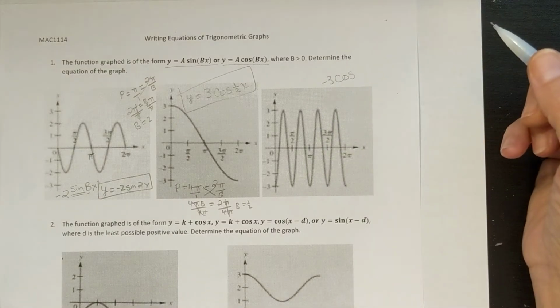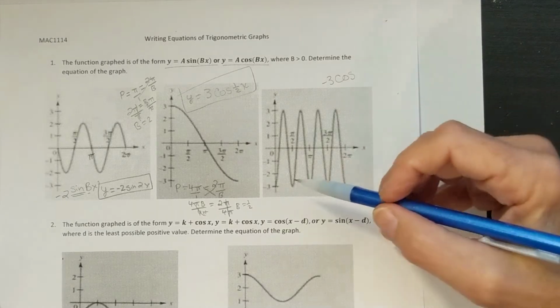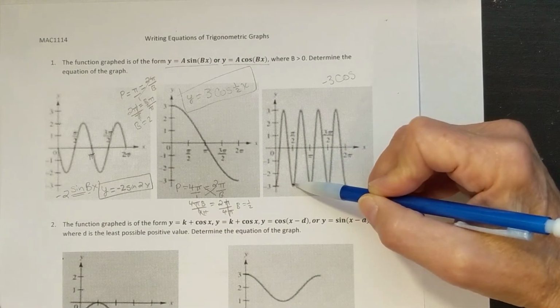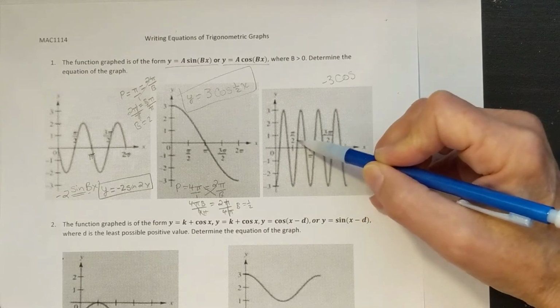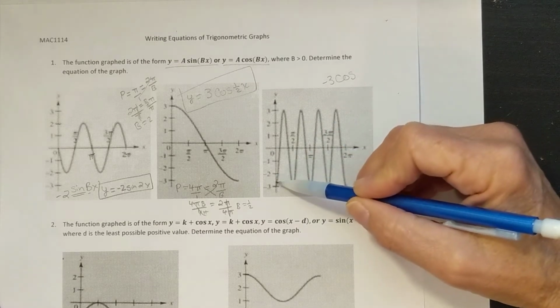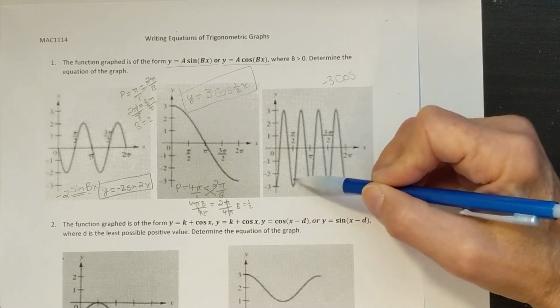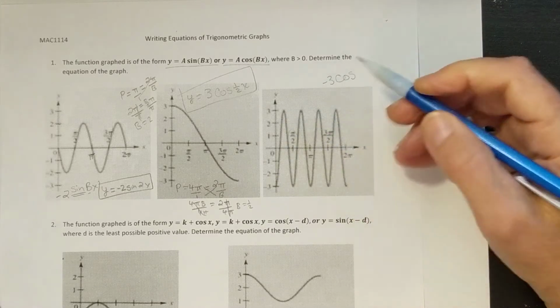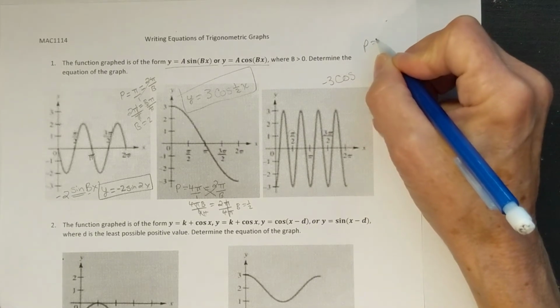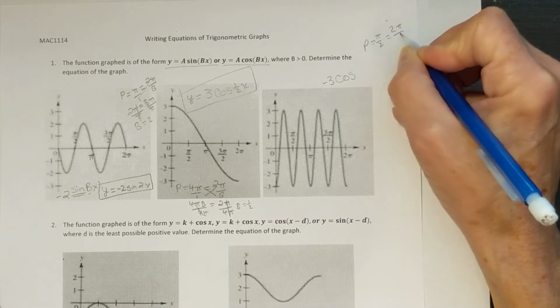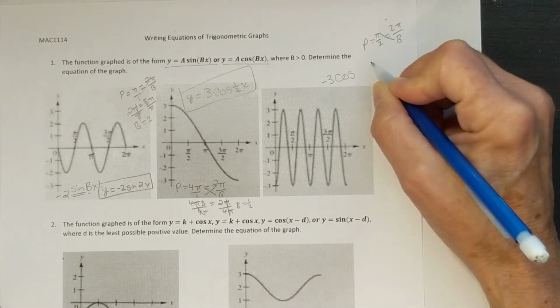Again, all we have to figure out is what the period is, and we can figure out what b is. So low, middle, high, middle, low. It's beginning to repeat already. Middle, high, middle, low. So how long did it take to get from the start back to the start, it took pi over 2 units. The period for this one is pi over 2, but we know that's always equal to 2 pi over b, and we can cross multiply.